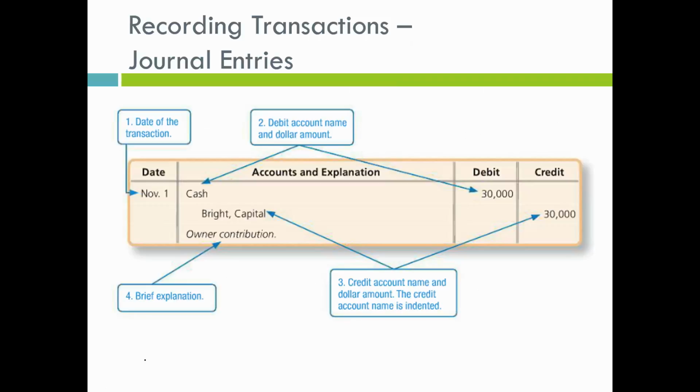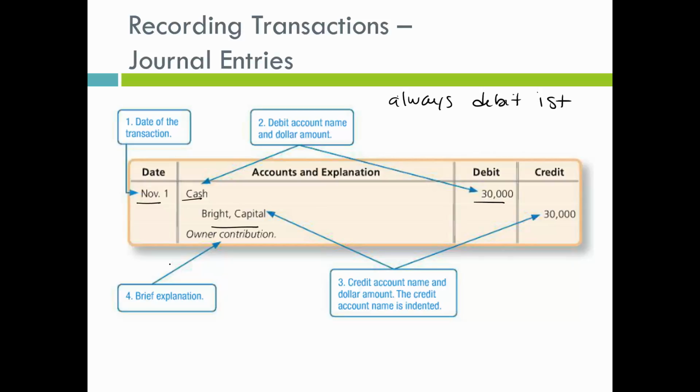This is what a journal looks like. We have the date of the transaction here. We have the accounts, and there's always going to be at least 2 accounts affected. We always write the debit first, and then the amount here in the debit column.